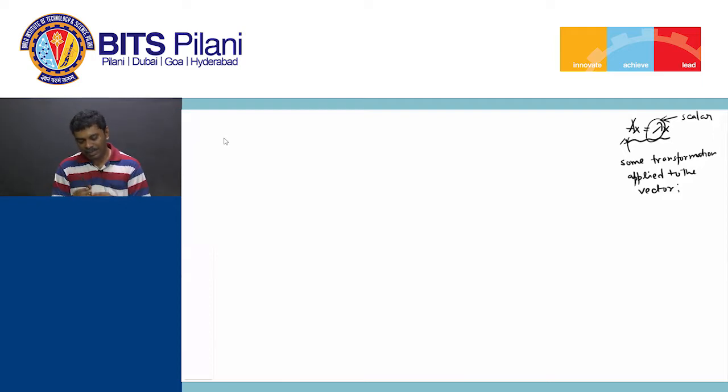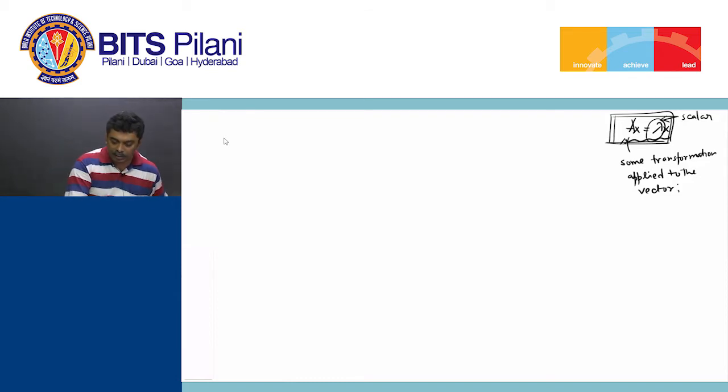You are actually keeping the same alignment, which means this is the span, right? And in that span you are translating the vector in a larger fashion or in a smaller fashion. That's what it is. Okay, so that's the famous eigenvalue eigenvector equation, right? We need to come back to this in a moment, but this is the founding principle.